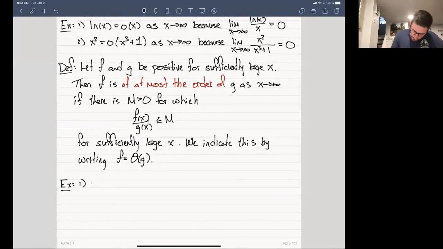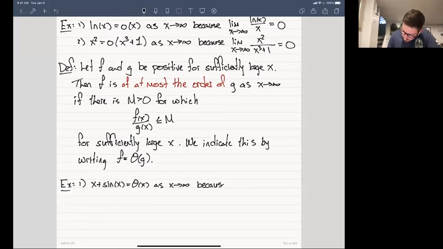Example 1: x plus sine of x is equal to big O of x as x goes to infinity. And this is because x plus sine x divided by x is less than or equal to 2 for all x greater than or equal to 1.